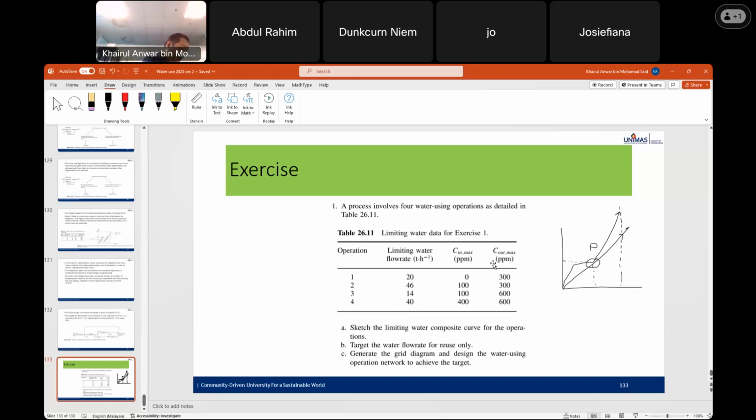For how many exercises, you refer to Robin Smith's book. Let's start with the easiest one, the water flow rate for reuse.